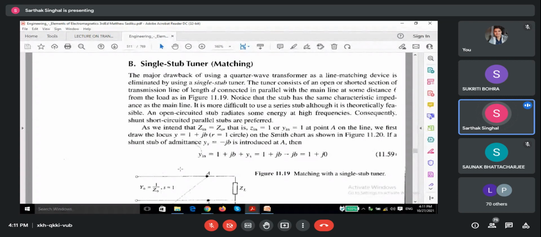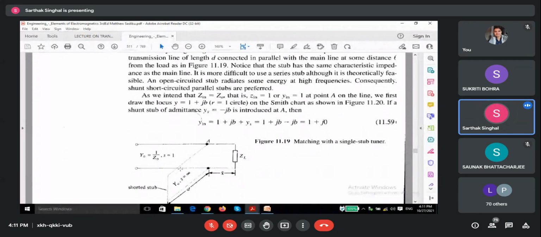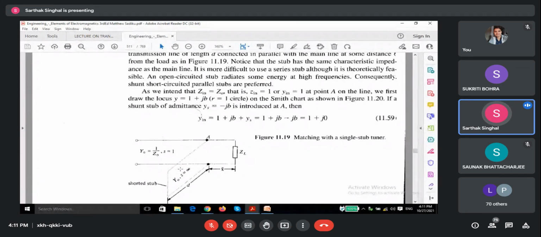Now, how to match this section? See, this section of length D will be either shorted or open. Now we talked about the impedance of a shorted stub section. Can you tell me what is the impedance of a shorted stub of length L?